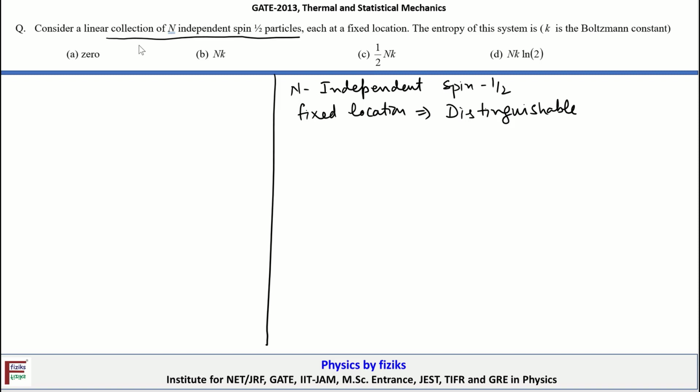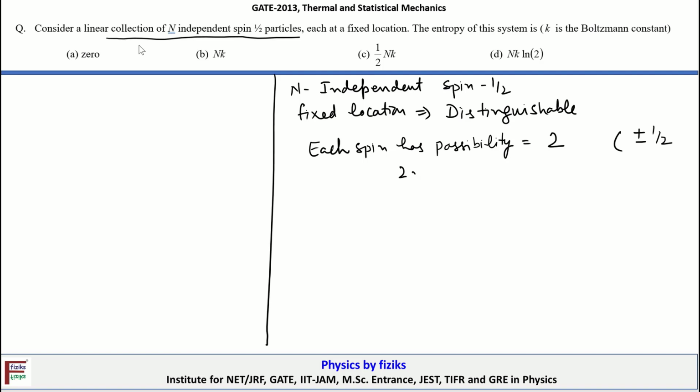The entropy of this system is, because we are having a system of n distinguishable spins, and each spin has two possibilities. What are these possibilities? Basically, either it can have plus half value or minus half value. Suppose I'm talking about the first spin.